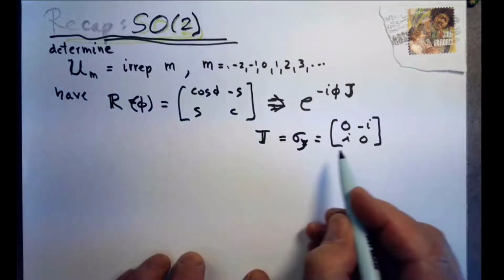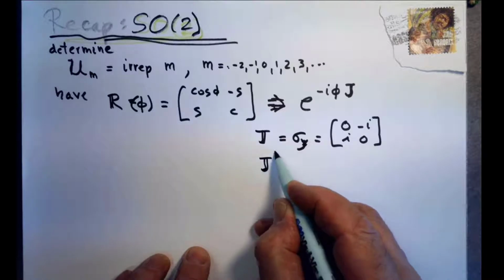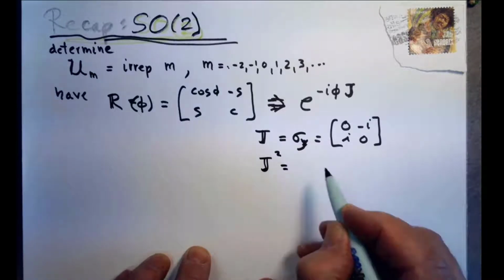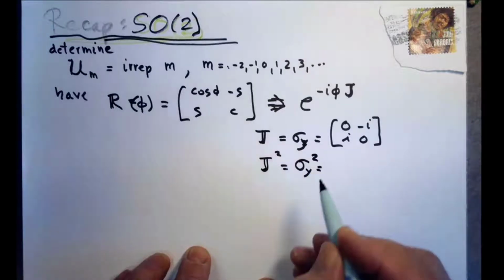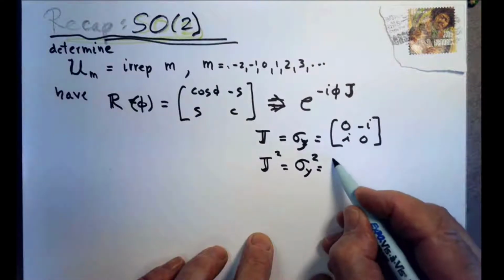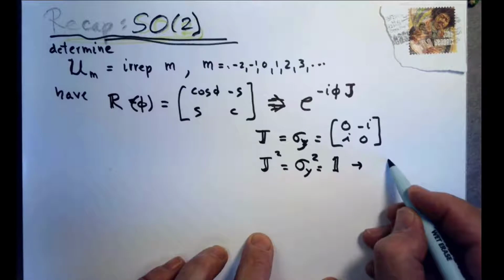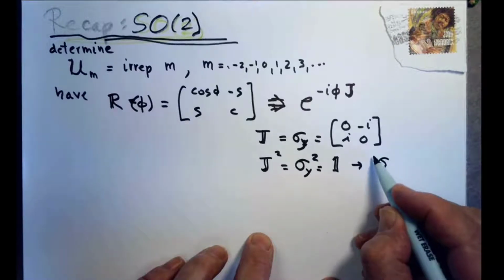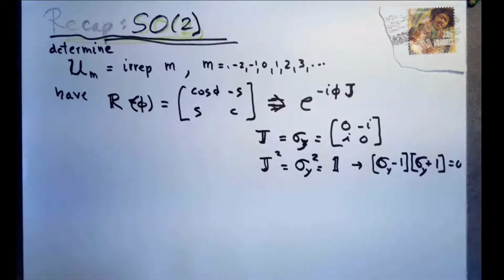When we look at this matrix, we have a rule that says sigma squared, which is the Pauli matrix squared, is 1, which means that there is a Hamilton-Cayley equation here, which means that we actually can reduce this 2-dimensional space into 1-dimensional representations.